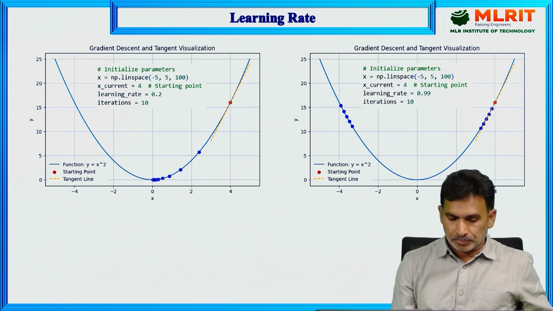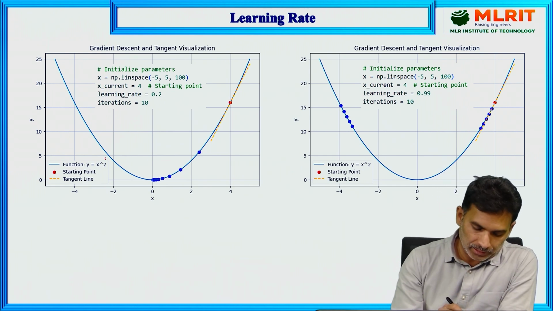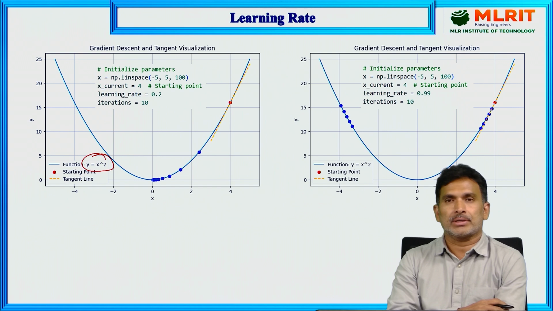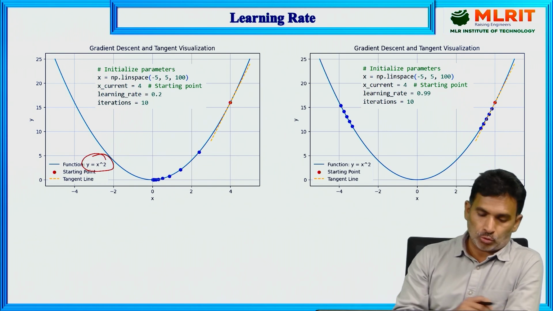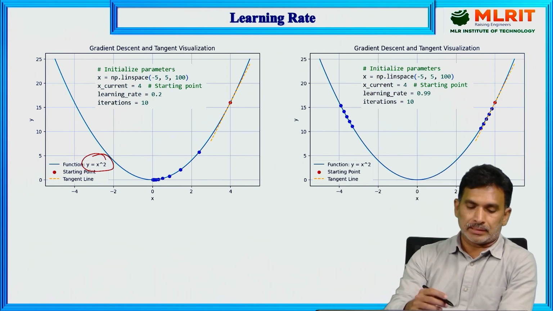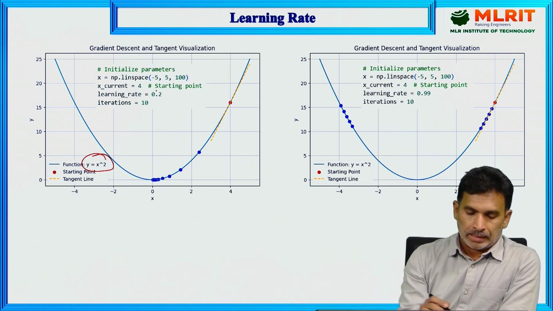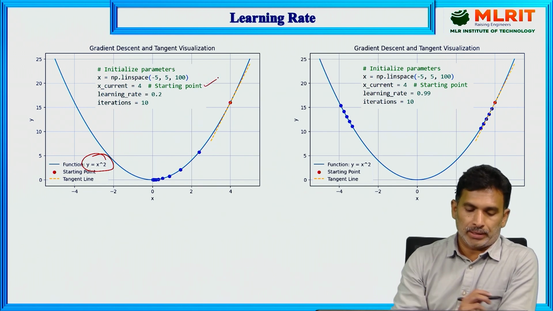Let us see the same cost function, say the simple example function y equal to x square. These are the initial parameters, and this is the starting point.